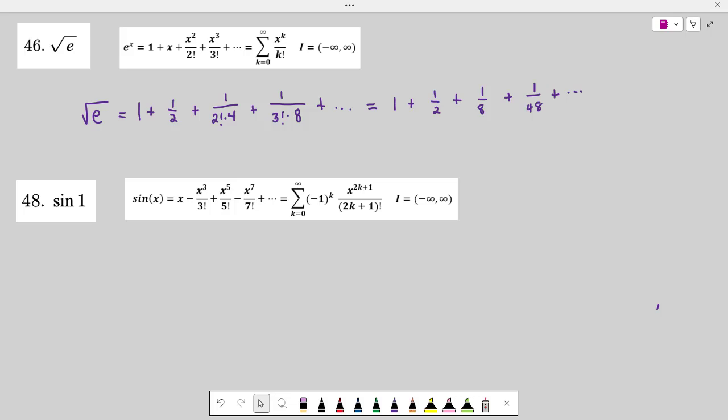So down here, sine of 1 radian, if that's the power series for sine, sine of 1 is found by simply plugging in 1 for x. And this is now an infinite series, not a power series. Power series has an x in it. So this is an infinite series for sine of 1 radian.